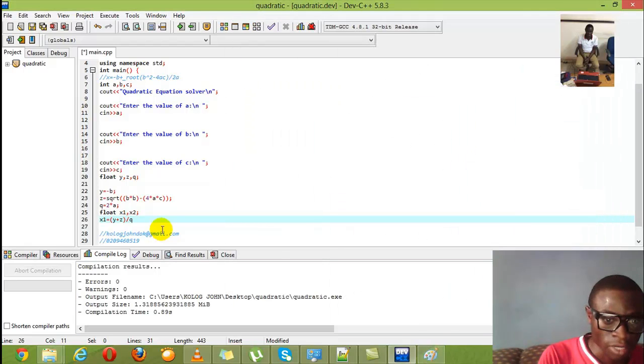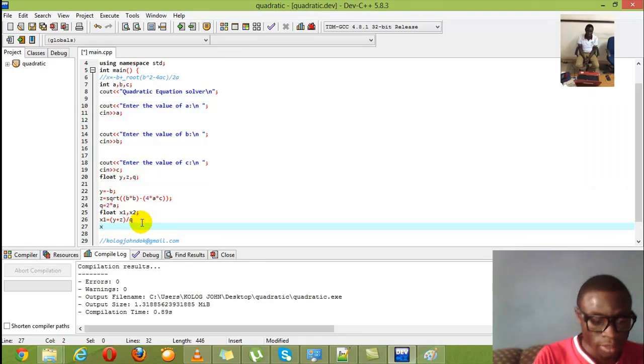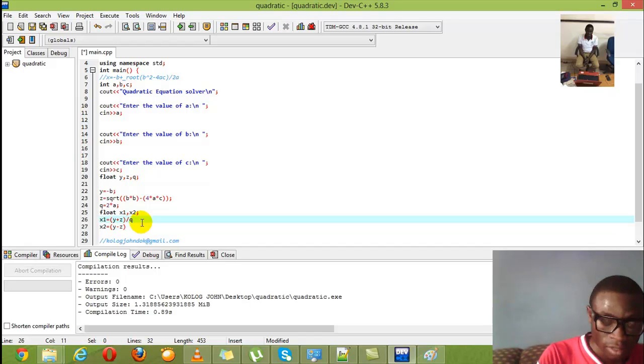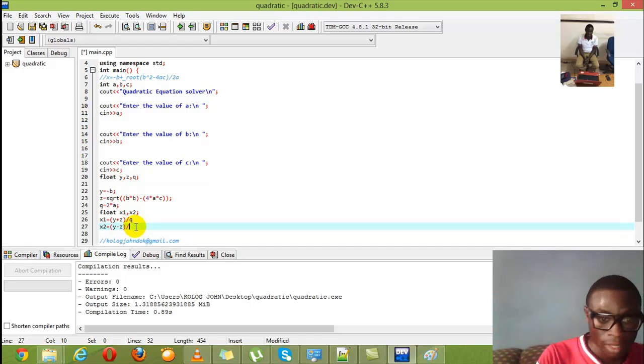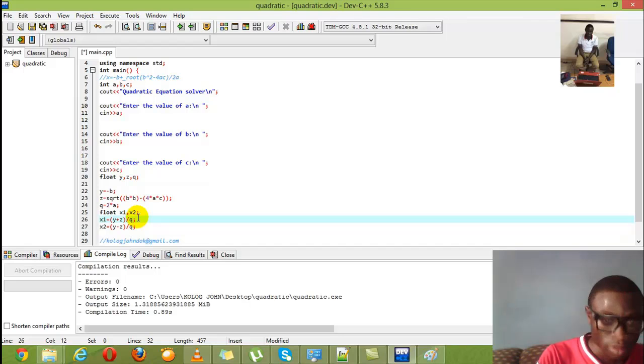Y plus z all over q. Then x2 is going to be y minus z all over q. Put a semicolon there so we do not get errors.